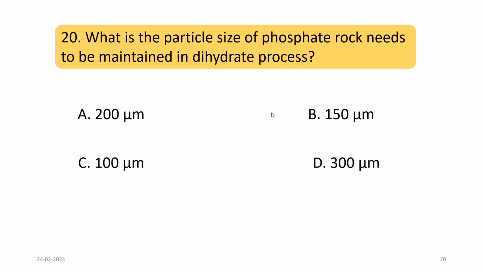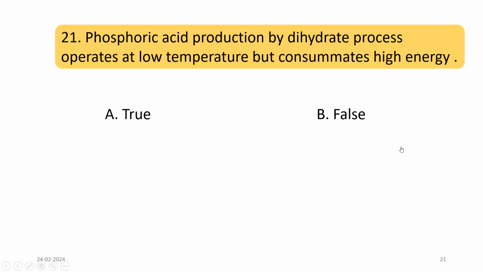Proceeding to the next question, what particle size of phosphate rock needs to be maintained in the dihydrate process? 150 micrometer. Yes, this is 150 micrometer. Next question: phosphoric acid production by the dihydrate process operates at low temperature but consumes high energy.